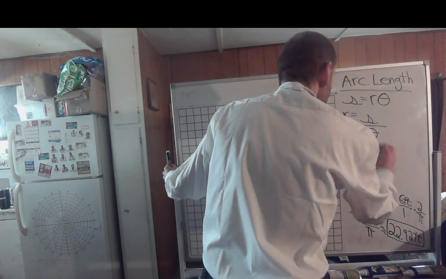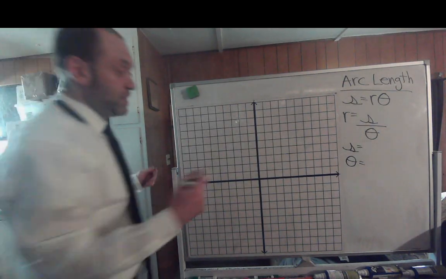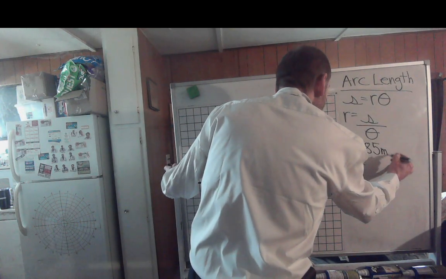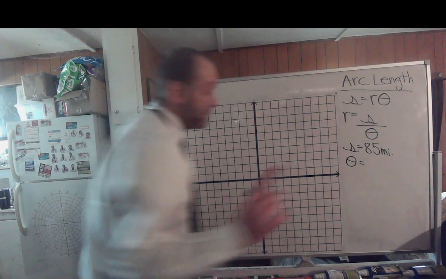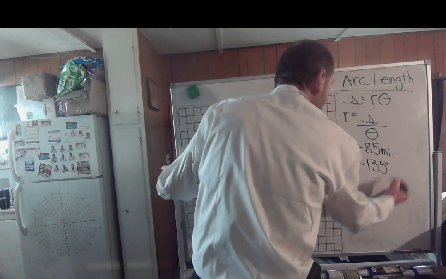Let's do one more of these, and then we'll be done with the lesson. I know this was a lot to cram in, but all very important. So they give you an arc length of 85 miles, and an angle of 135 degrees, which we know to be the same as 3 pi over 4 radians.